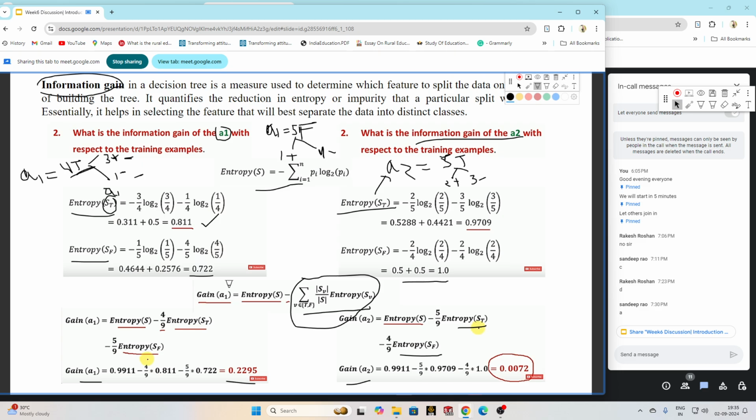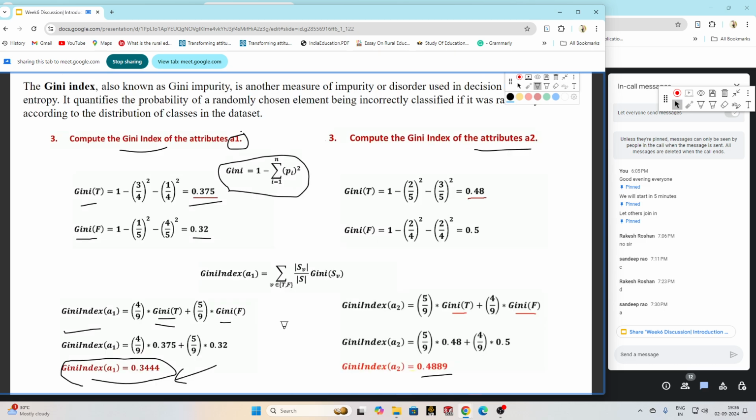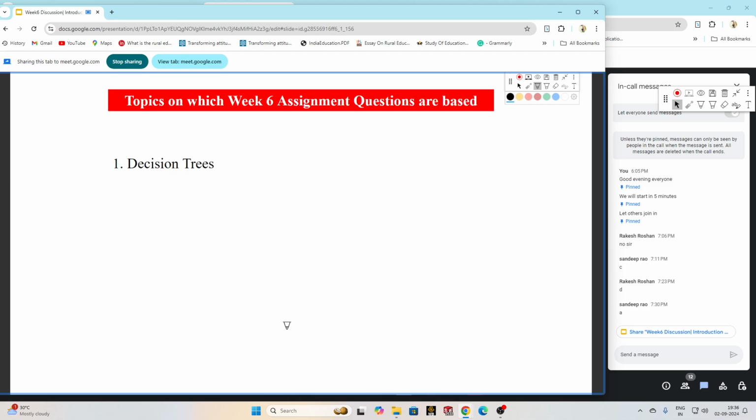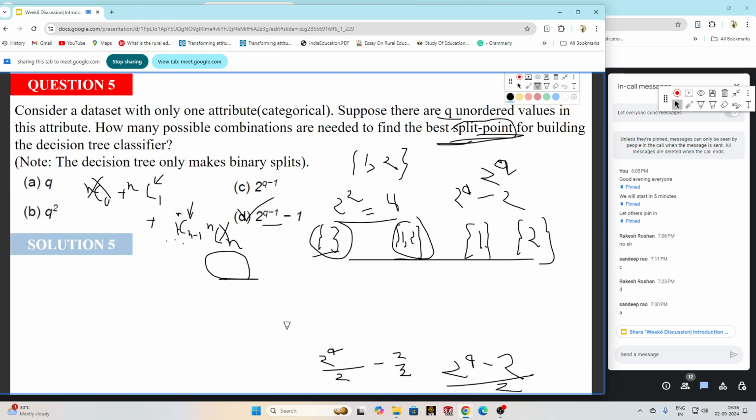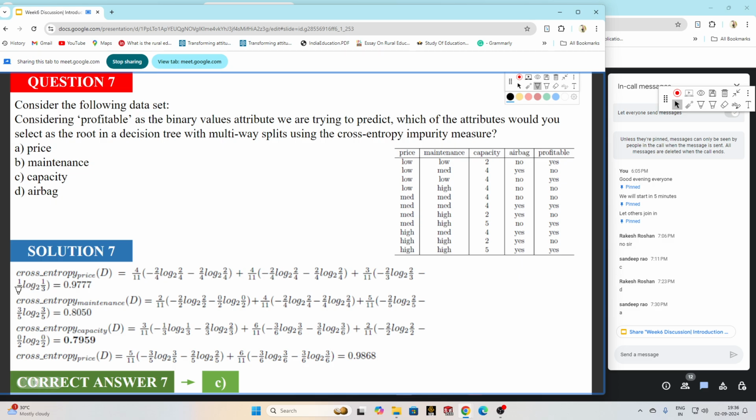Because the entropy is fixed, the lower this part is, the better your information gain. So that is the thing. We have to find the attribute with the lowest cross entropy.